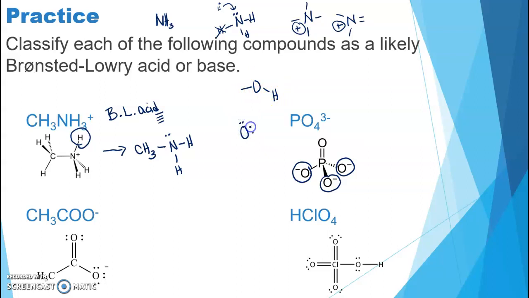So if you have this situation, negative, which is what this is indicating, we have an H plus opportunity to bond to that lone pair. Here, I'll put the little lone pair sign, that's my sign for it, not a real one. So this has actually 3 places where it could accept a proton. So this is most likely going to behave as a proton acceptor, or a Bronsted-Lowry base.